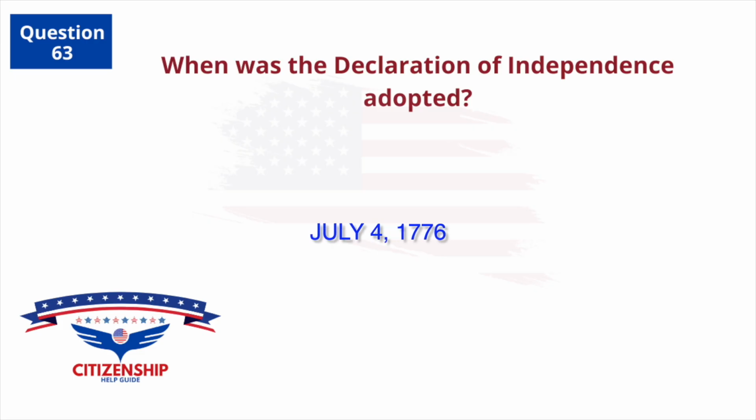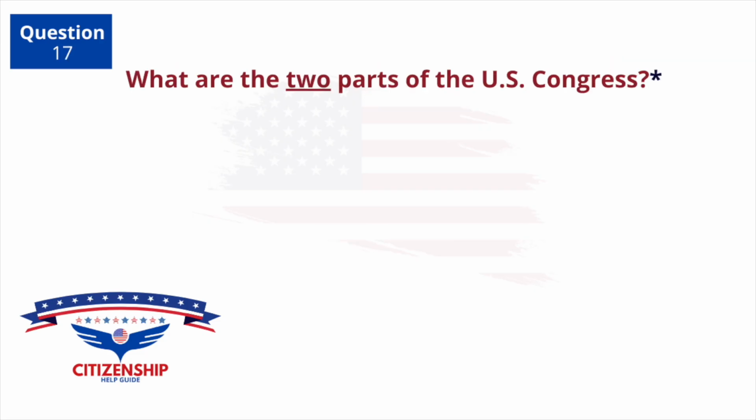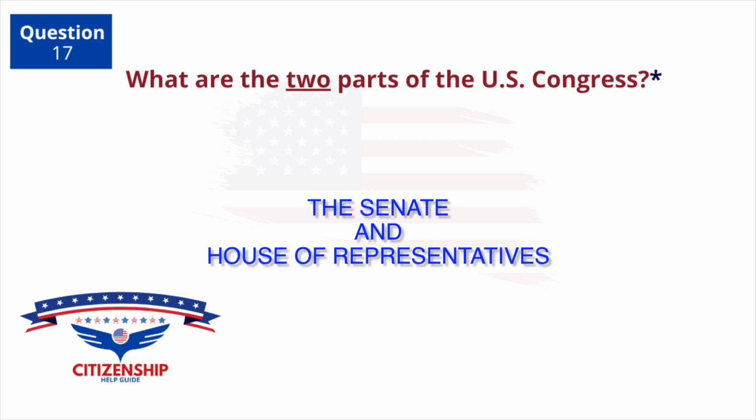July 4th, 1776. What are the two parts of the U.S. Congress? The Senate and House of Representatives.